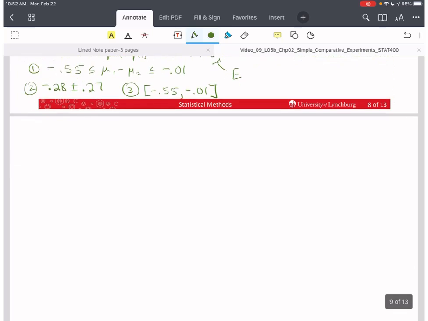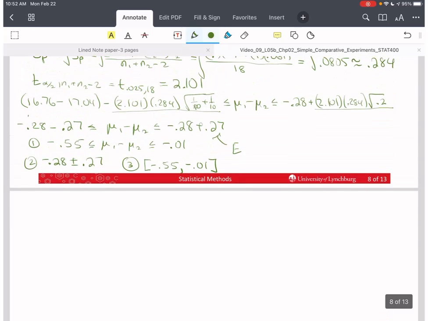So sometimes people write this with open brackets. I don't really like this because, well, it doesn't really matter technically because the probability that they're equal to these endpoints is 0. However, we do round things, and so that does happen in actual practice.